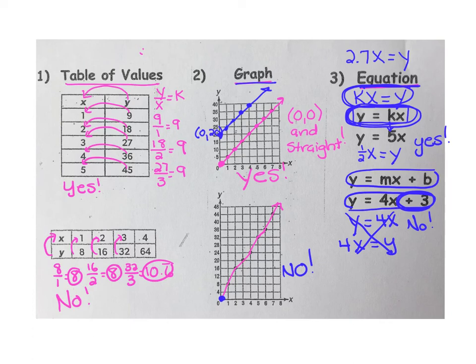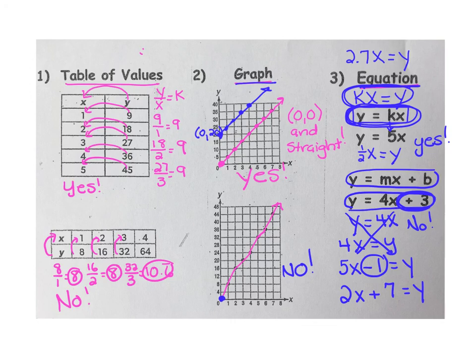Here's a few others that you might see that are not proportional. Maybe something like this. 5 times x minus 1 equals y. Because of this constant, minus 1, it's not proportional. Or even something like this. 2 times x plus 7 equals y.